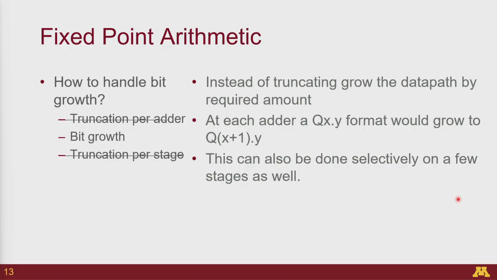If you start with 8 bits, you will finally end up with something like 18 bits in your output after, let's say, 10 stages. But this at least has some better alternatives than the first approach, because there you would need very high precision from the start, and here you can maybe do it selectively on some stages.